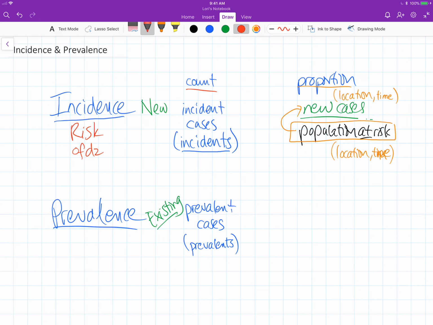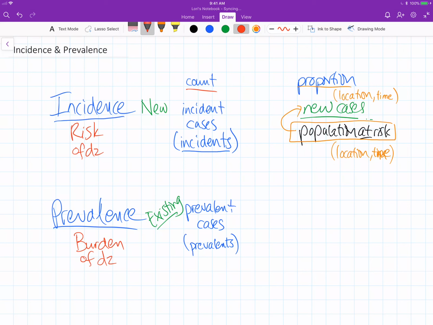And so this has been called the burden of disease. Like, what is the burden on society? That name has sort of fallen out of favor because to be a burden is a negative thing. But if you think of existing cases as the whole entire pool of all the ones that we currently have, then that will help you remember the difference between prevalent cases and incident cases.